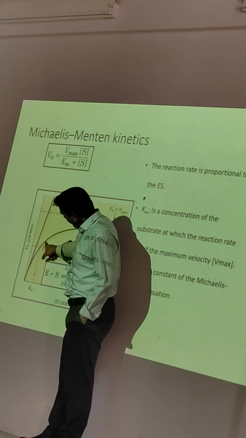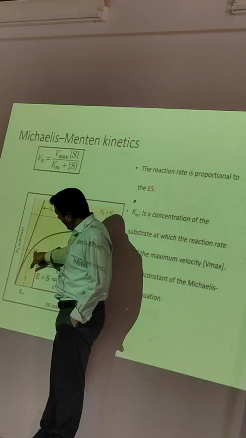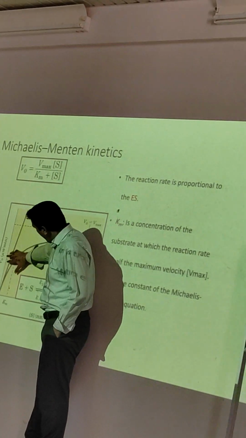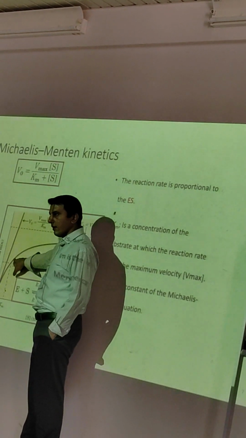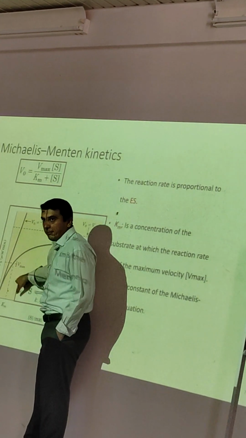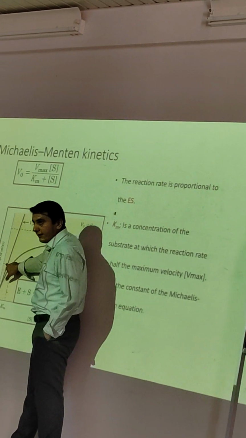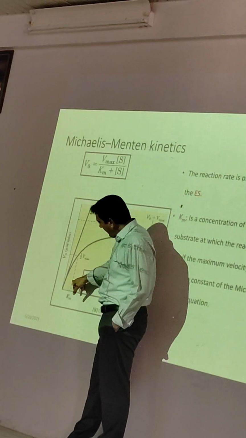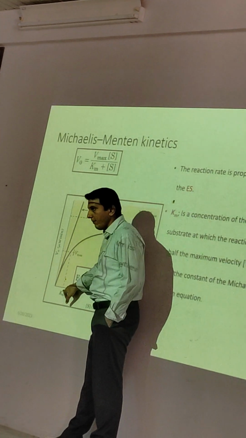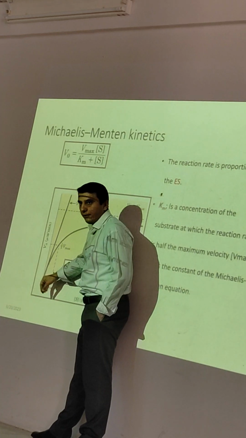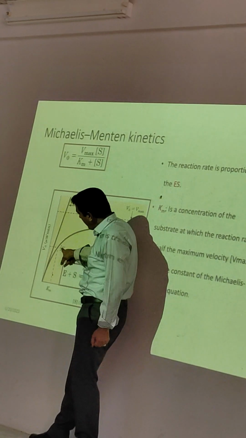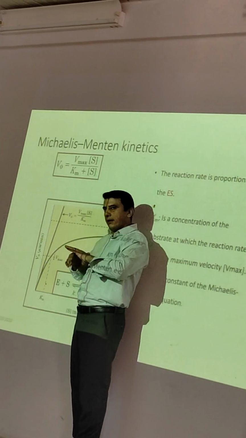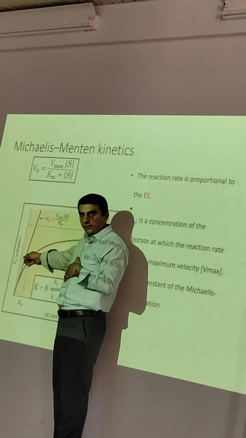This is the point of half of Vmax. As you can see here, this point needs Km. So Km is the concentration of substrate needed to reach this point, half of Vmax.